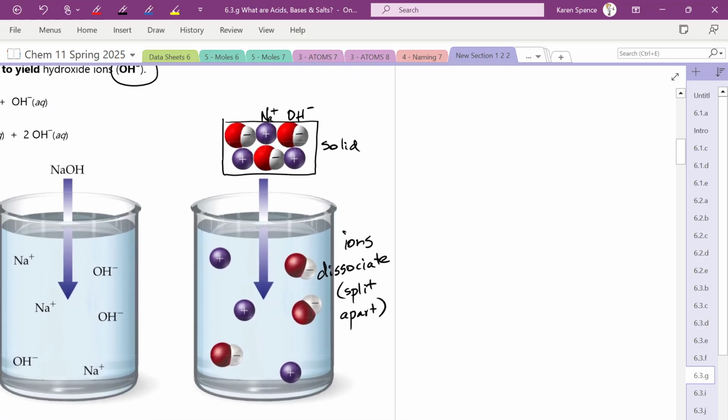So now we went from having NaOH solid to having NaOH aqueous. Do we have the same substance at the beginning and the end? Yes, we do. No new substance. That is a physical change.